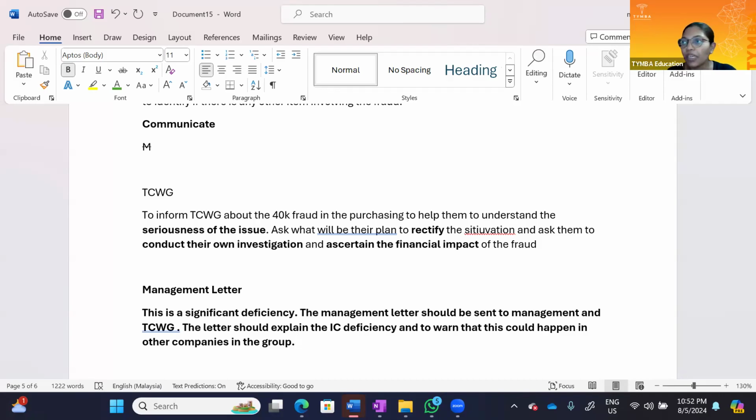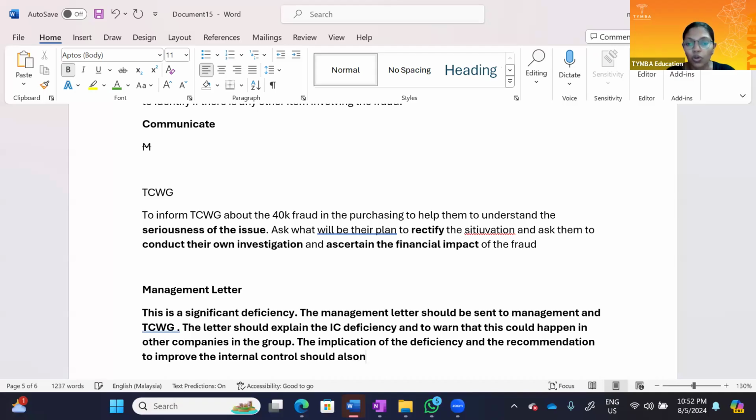And discuss the implication of the deficiency and the recommendation to improve the internal control.